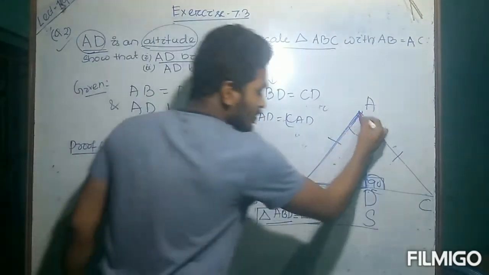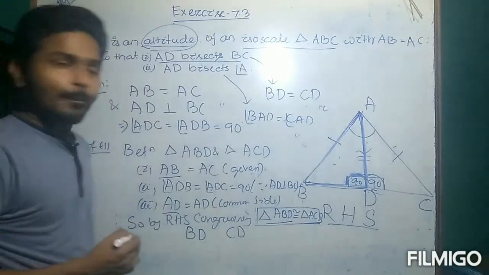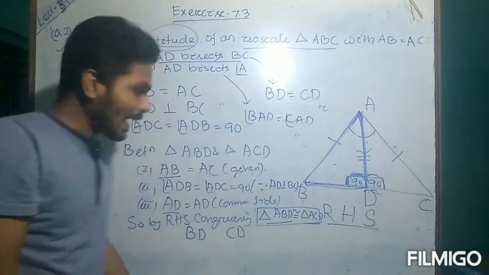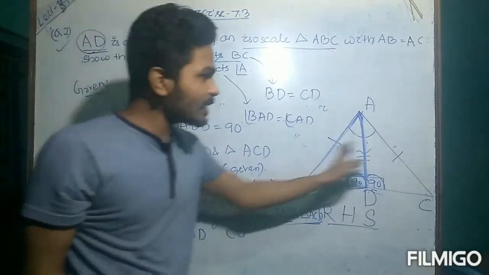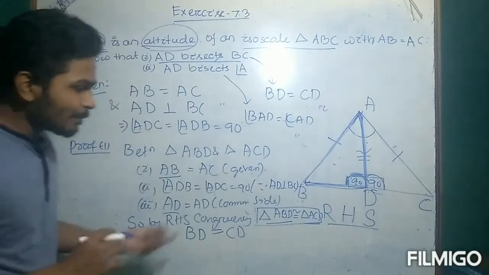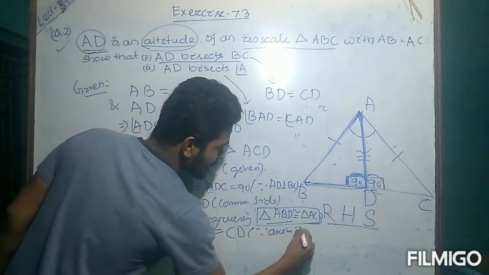Yes. For the triangle ACD, CD is also a side. Understood? But what have we proved? We have proved that this triangle is congruent with this triangle, and these are the corresponding sides of these two congruent triangles. Then according to Exam 7.2, we can write BD is equal to CD by Exam 7.2.